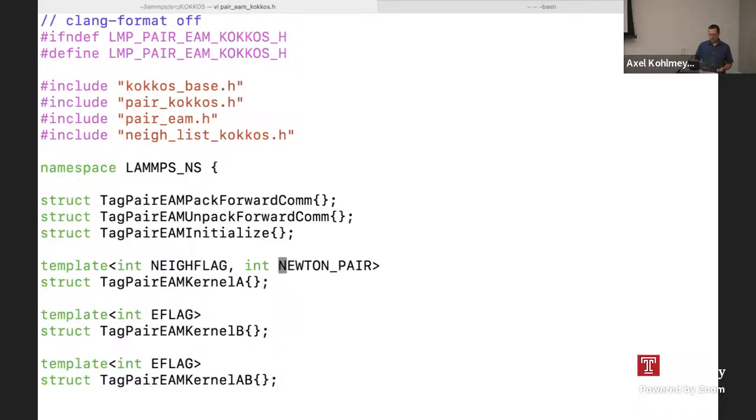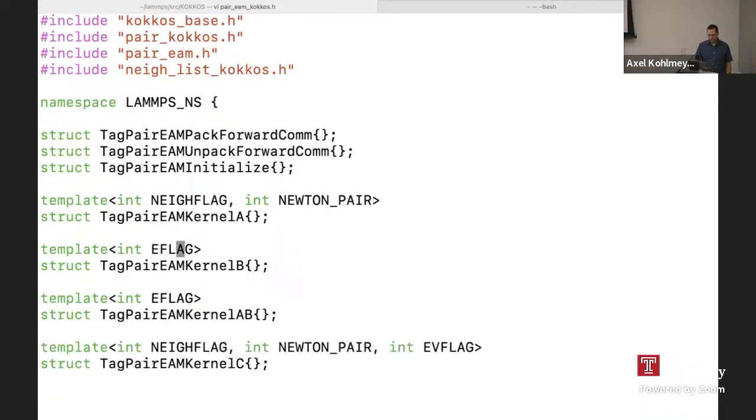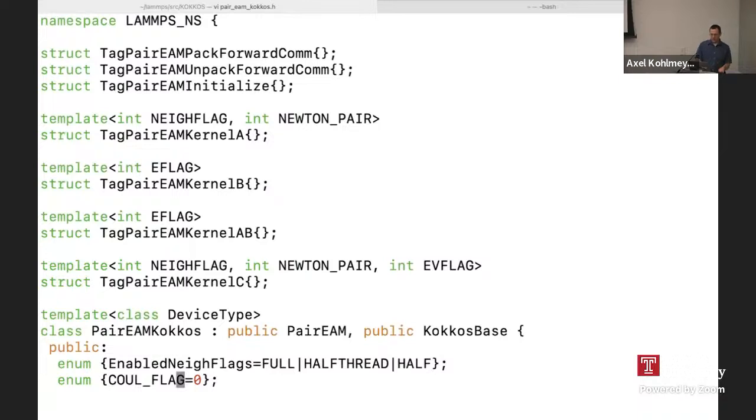These templates are so that we can reduce the overhead of the conditionals, like the if statements, inside the loop. Similar for E flags, that's if you have to compute an energy or a virial. So we have many tags. EAM has many kernels, and each kernel has a tag.